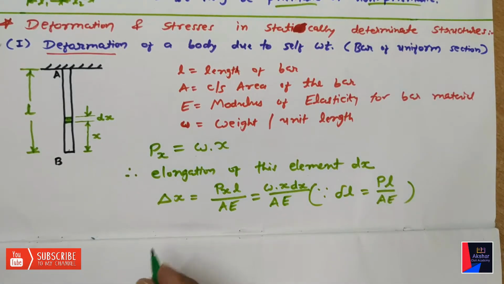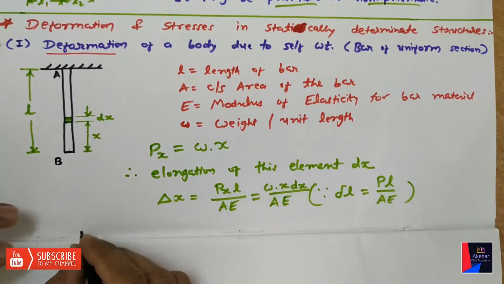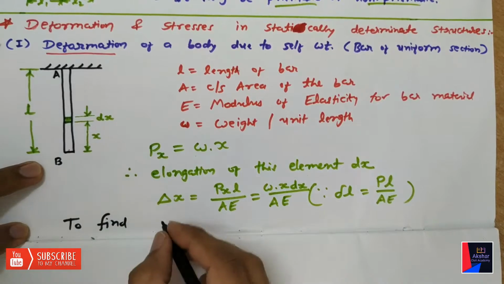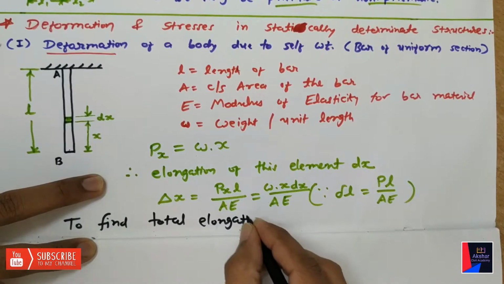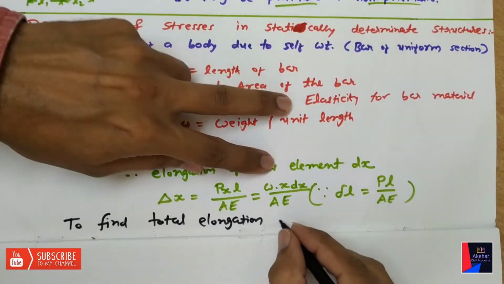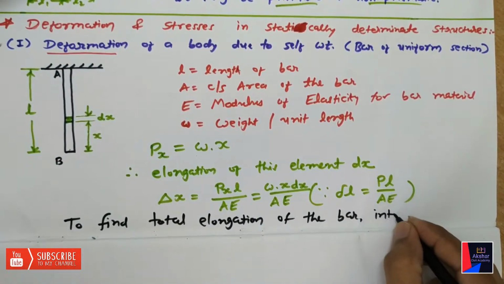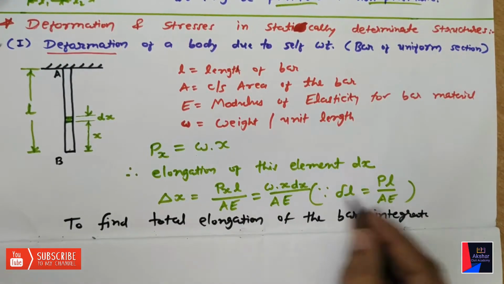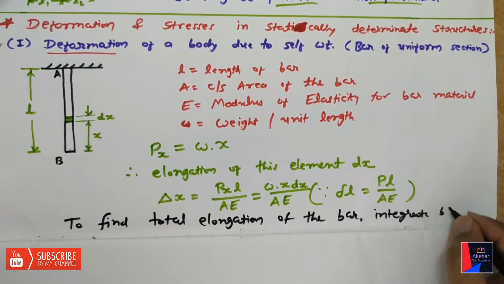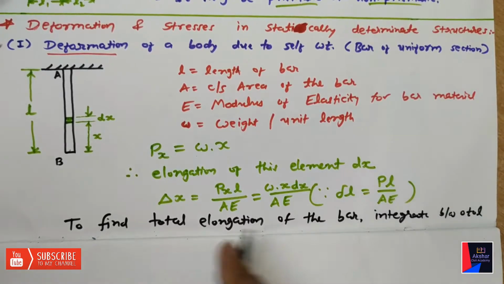Now, to find the total elongation of the bar, integrate this equation between limits 0 to L. So we can get the total elongation.